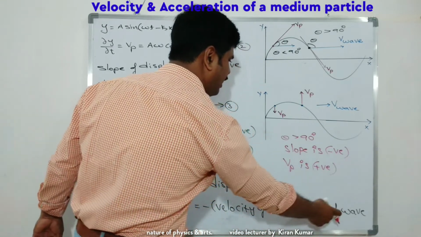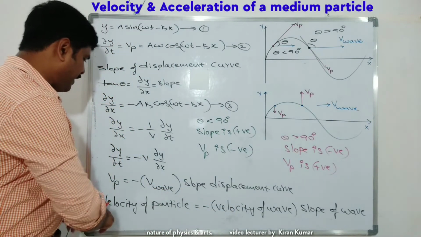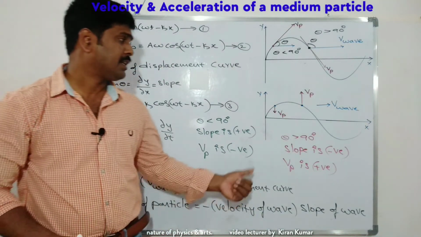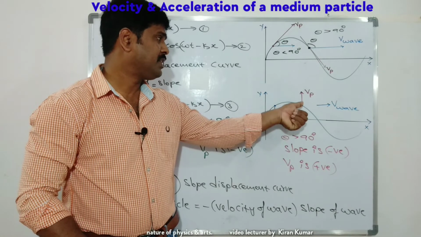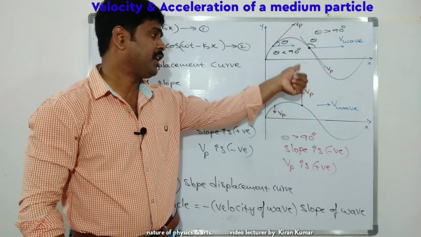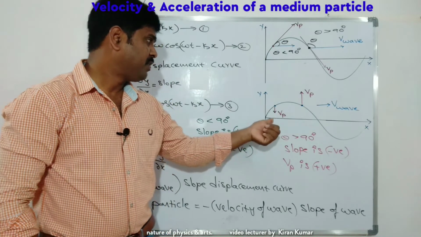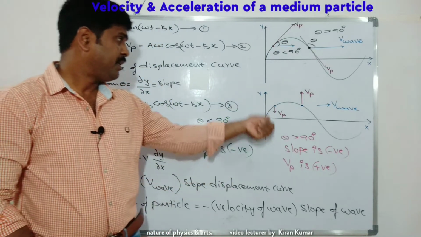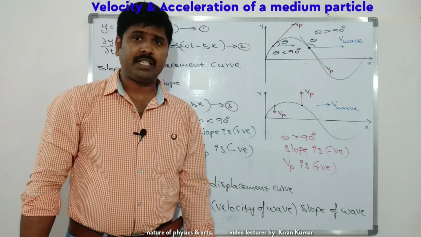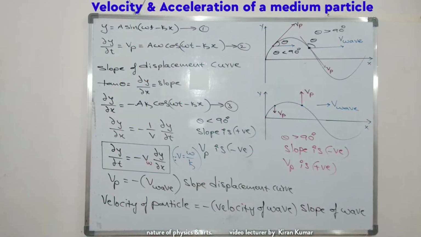The reason is that negative times negative is positive. In this situation the velocity of the particle is taken along the positive y-axis. Where the velocity of the particle is negative, it is taken along the negative y-axis. Please copy this relation.